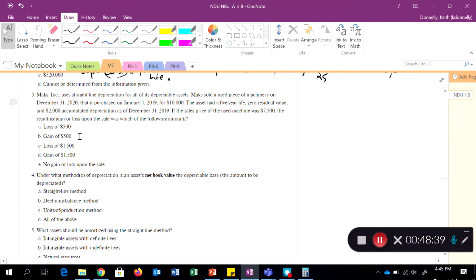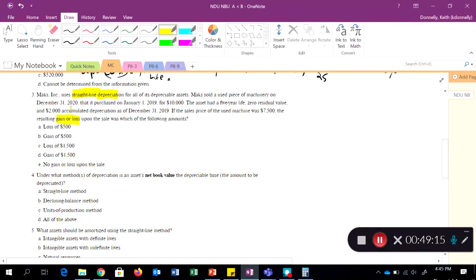Three, this one's a little bit complicated, so let's read it through. This will probably be the last one we do for the day, given we have 5 minutes left. So they want to know, hey, looks like we sold a machine. They want to know what's the gain or loss on the sale. So this would be like a multiple choice version of the problem we did earlier, where we did a gain or loss. So looks like we're dealing with straight line depreciation. A company sold a used piece of machinery on December 31st, 2020.